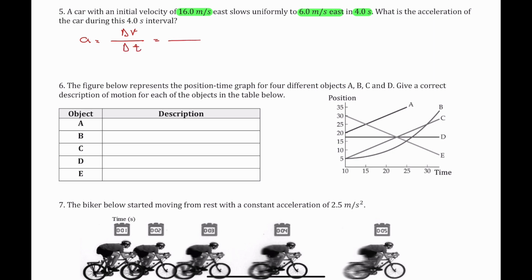So V final minus V initial over delta t. That means V final is 6 minus 16 over 4. So that means negative 10 over 4. So it's negative 2.5 meters per second squared.